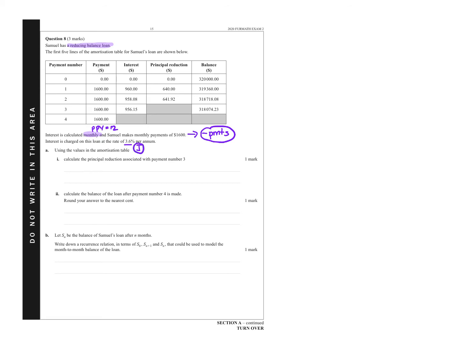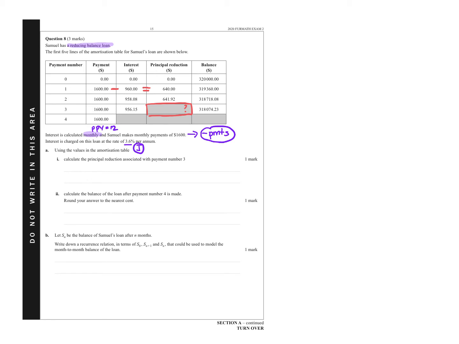So they told me, and it says calculate the principal reduction associated with the payment number 3. So they want the principal reduction here is the question. Now, when you have a loan, you need to minus the interest from your payment, and then that would equal the principal reduction.